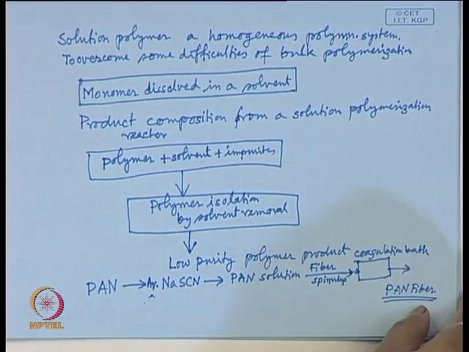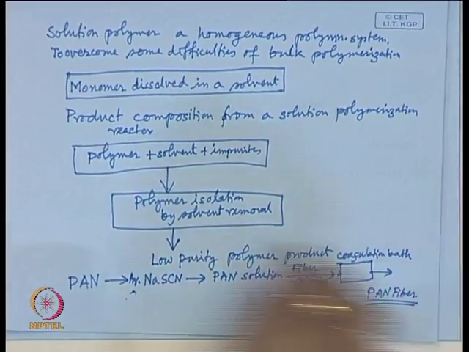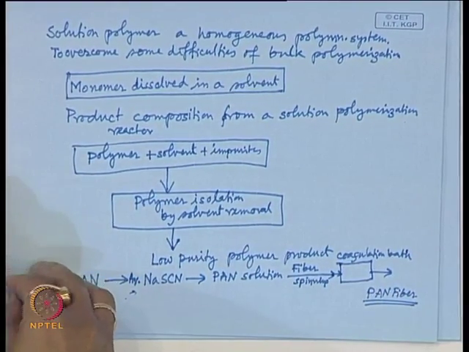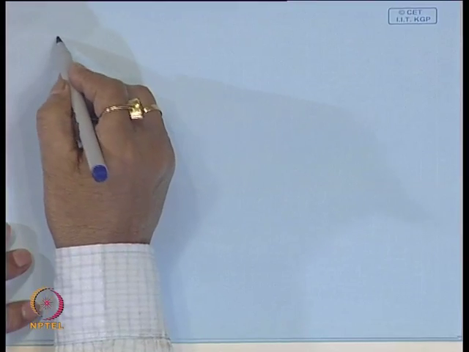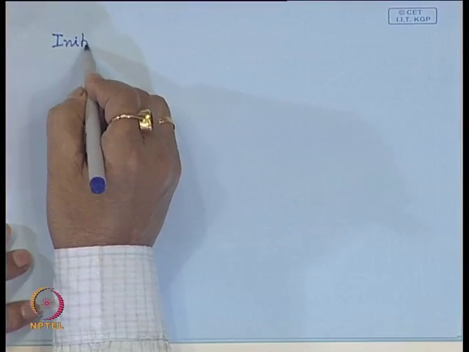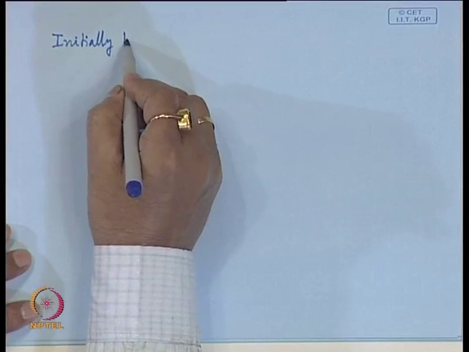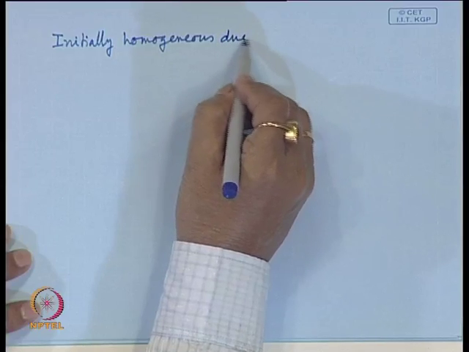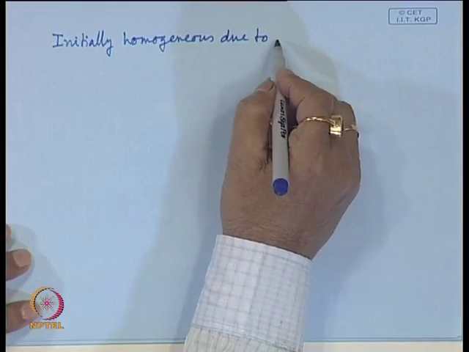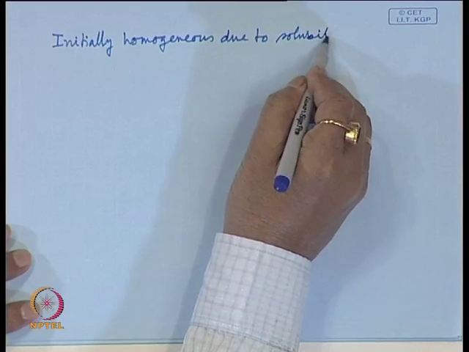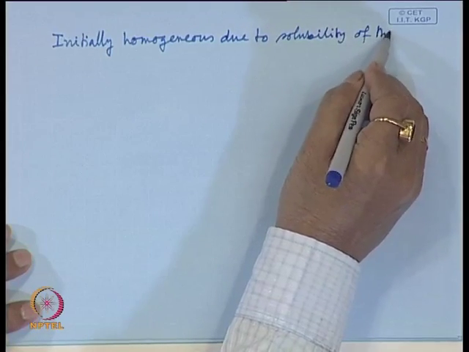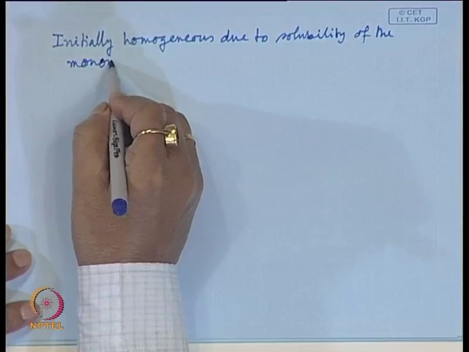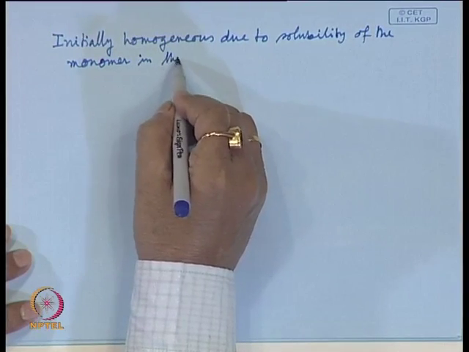And in some cases what happens, although the polymer is synthesized in solution phase, in homogeneous phase, it can show initial homogeneity due to solubility of the monomer in the solvent.